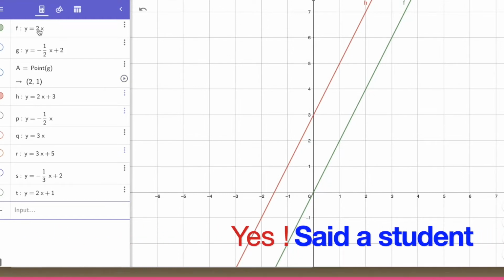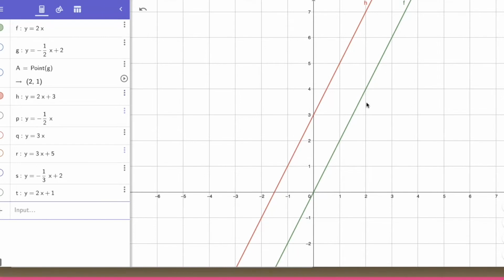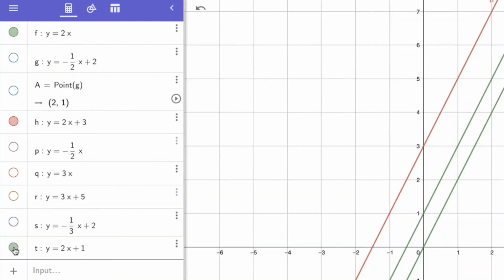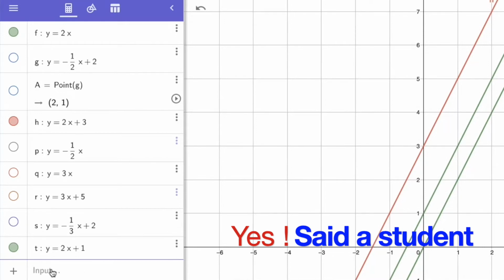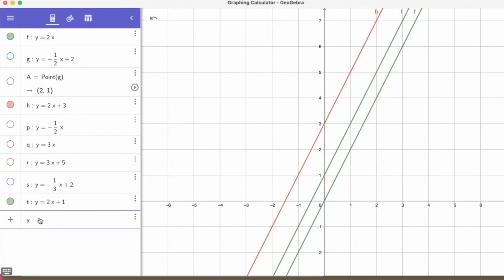Excellent. So if you use the same slope, I get them parallel. Let's try this last one, t. Is it parallel to them? You can put y equals 2x plus any number or minus, it doesn't matter.